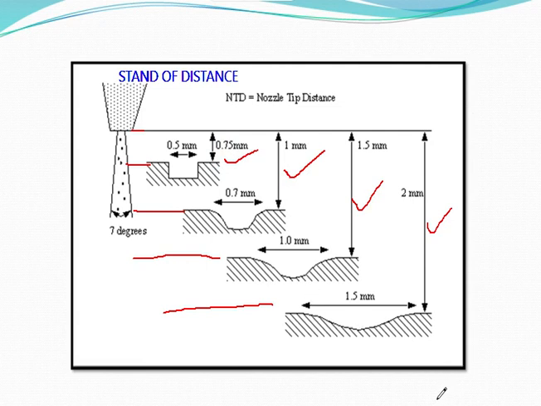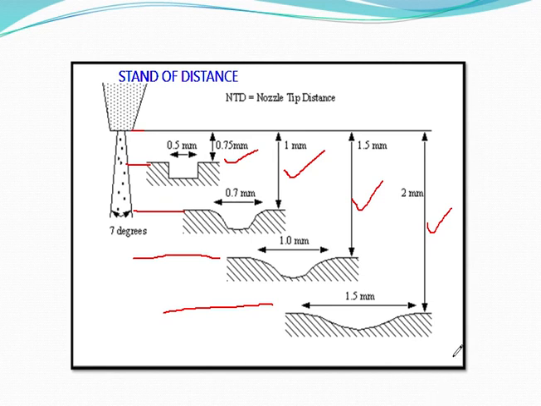Now, standoff distance has been found to have a considerable effect on the work material and accuracy. A large standoff distance results in flaring of the jet, which leads to poor accuracy.